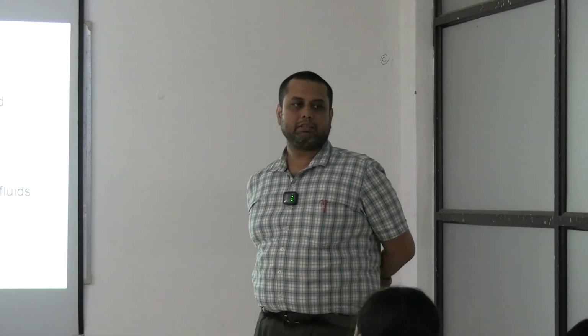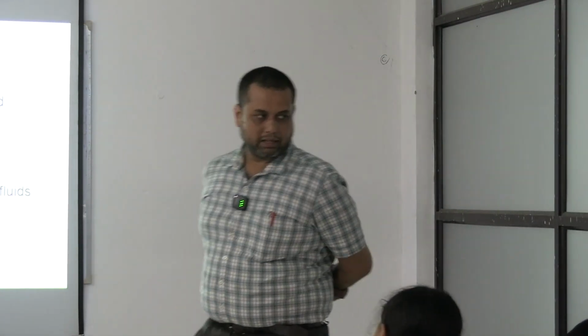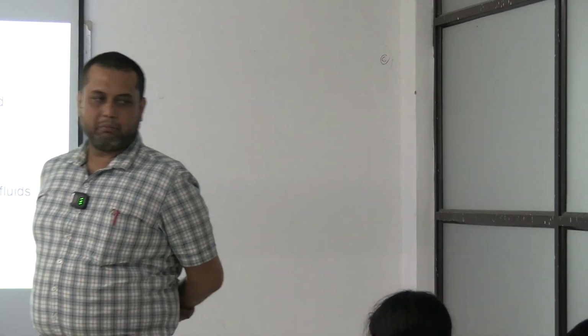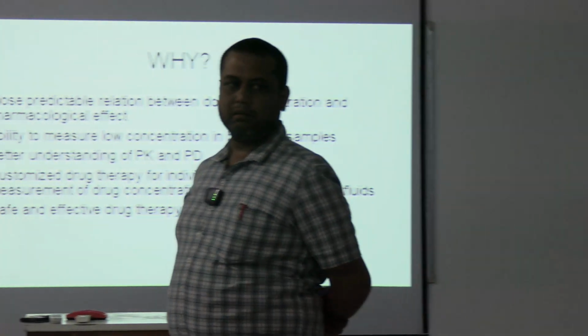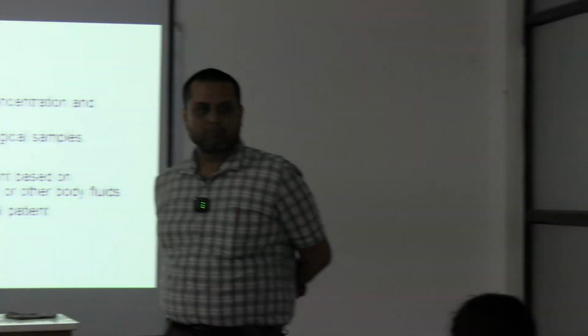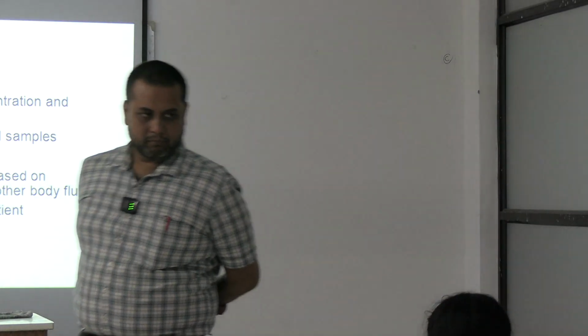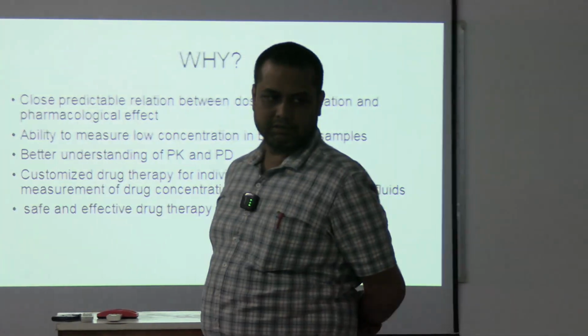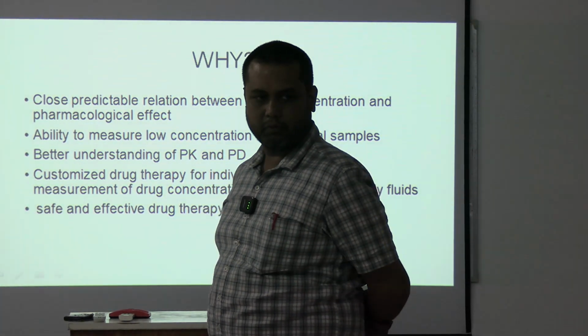Suppose, for example, in case of hypertensive patient, we are checking the BP as an outcome. For diabetic patient, we are checking the blood sugar or the HbA1c level for the outcome. But for certain cases, that may not be possible.